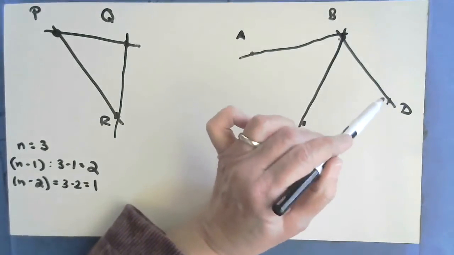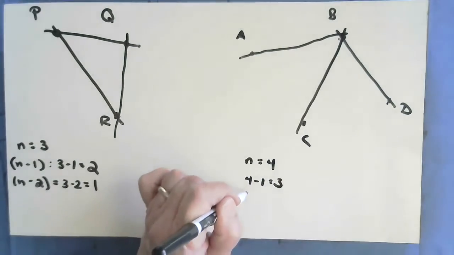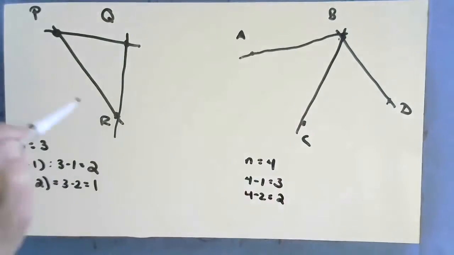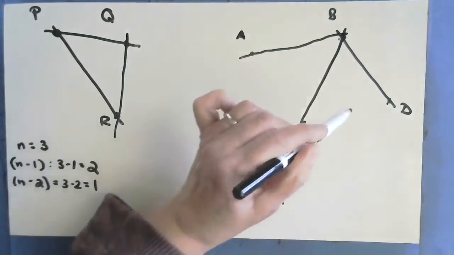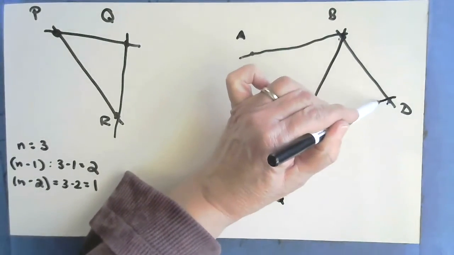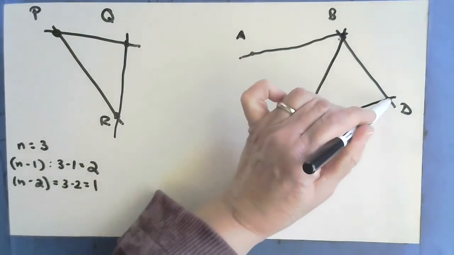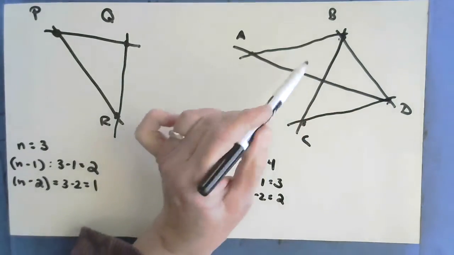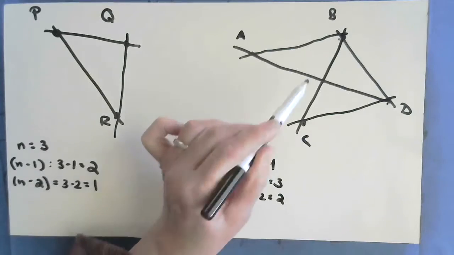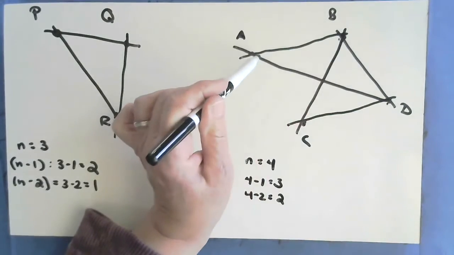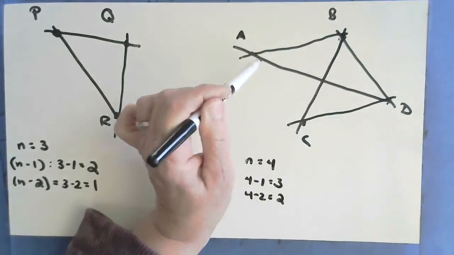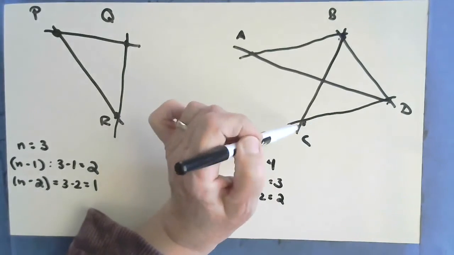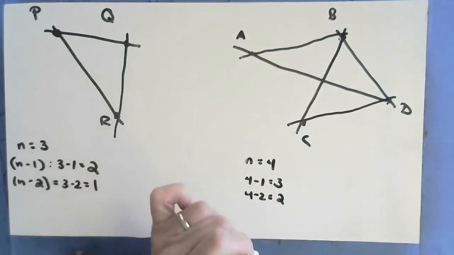And so D can only connect to n minus 2 other points, just like Q only connected to n minus 2 points. So D connected to C, and it connects to A. So first, B connected to the other points, then D connected to not B, and it's not connecting to itself, so it connects to the remaining points.